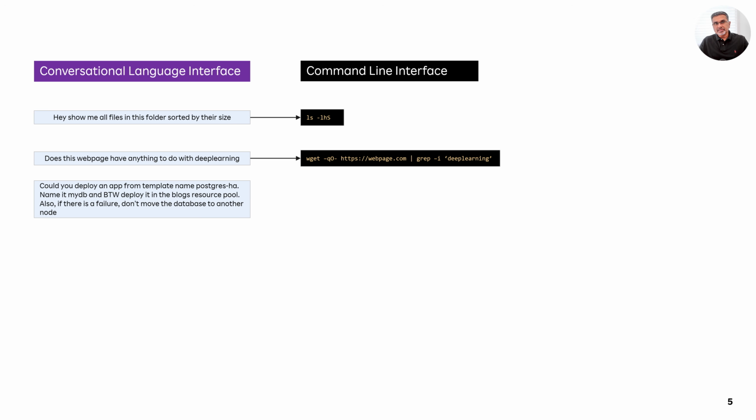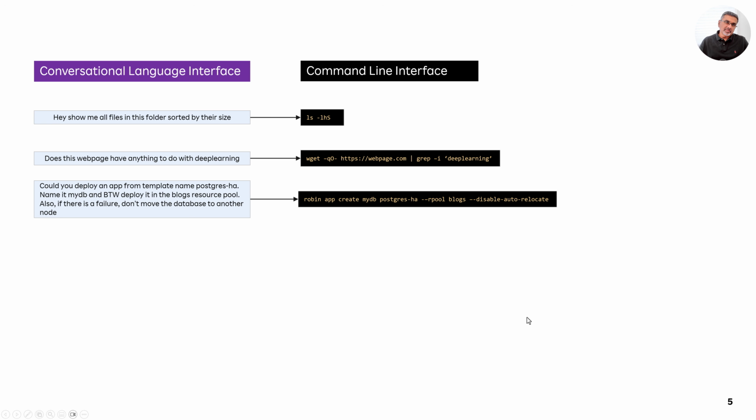So there's a bunch of actions that you want the Robin cluster to take. And you want the neural network architecture to take something like this and convert it to a command that looks like this: robin app create mydb from the template postgres-ha in the resource pool blogs and then disable the auto relocate. And once it's deployed, you might want to do things like, hey, please back up my mydb app every Sunday at 7:15 and keep only the last 4 backup copies.